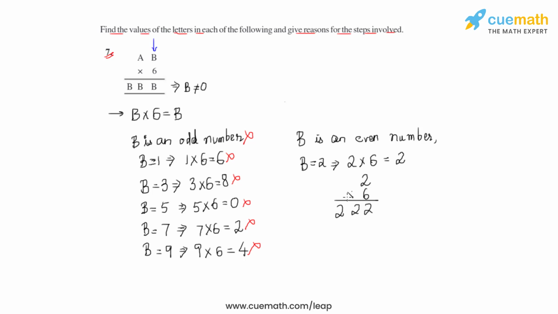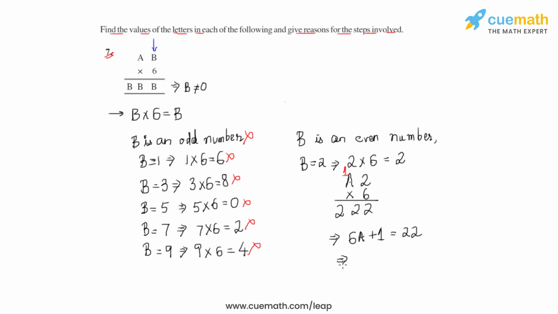If we multiply this, what could be the value of A? The value of A based on the product would be 6A. Since 2 and 6 are multiplied in the ones column, we definitely will get a carry. So 6A plus 1 gives us 22.